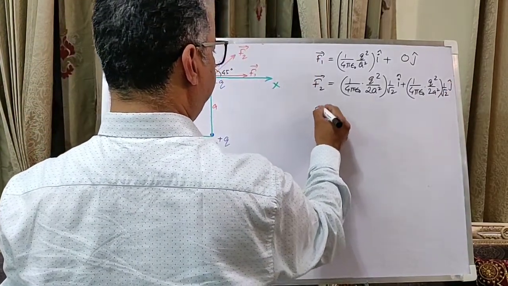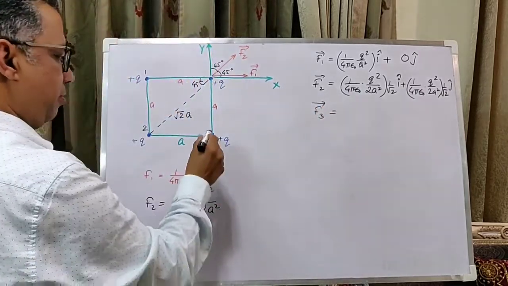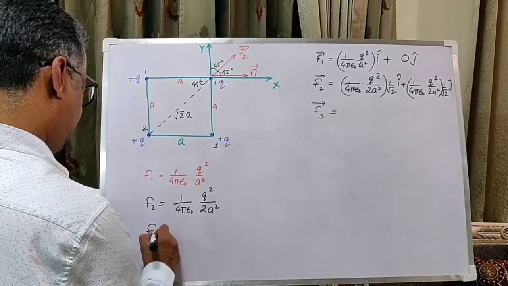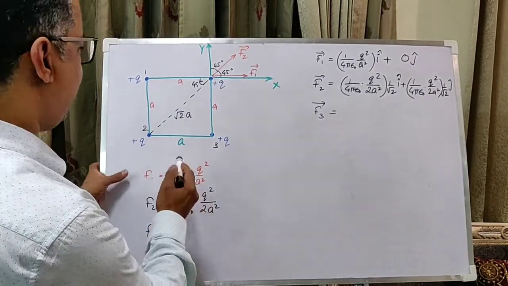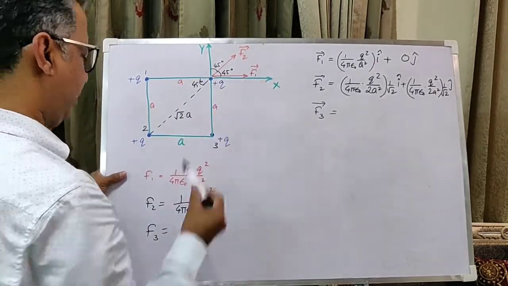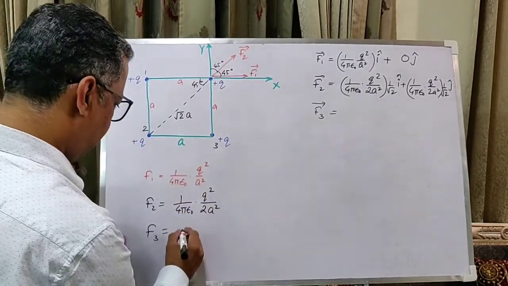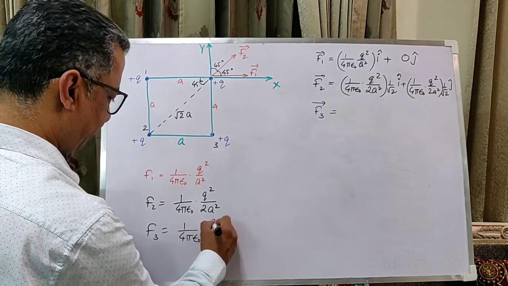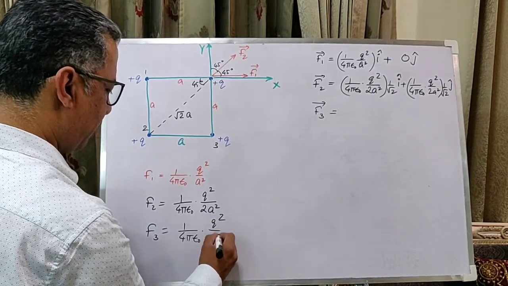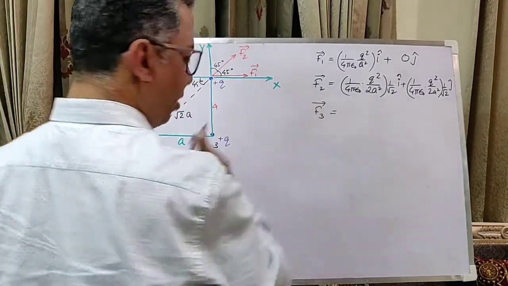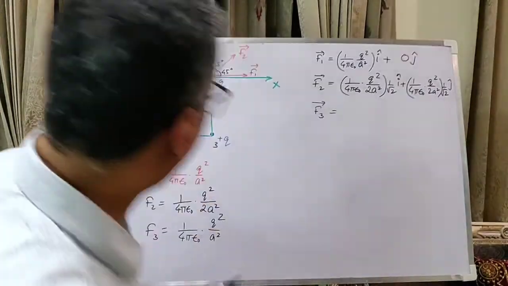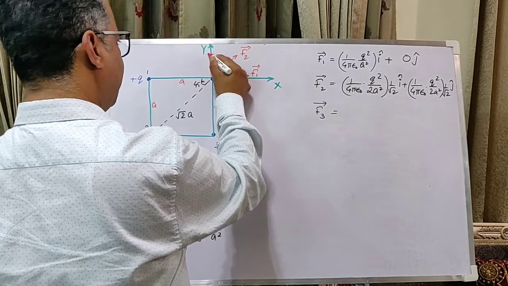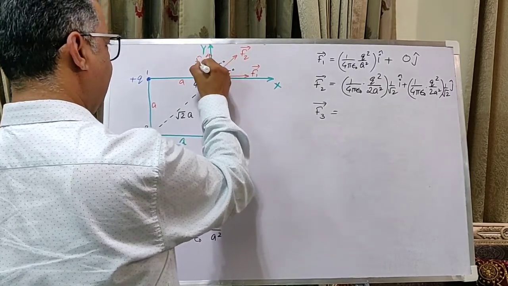Now the force F3 due to charge 3: the magnitude will be exactly the same as the force F1, so we have 1 by 4 pi epsilon naught q square by a square, and this time F3 is in the positive direction of the y-axis.